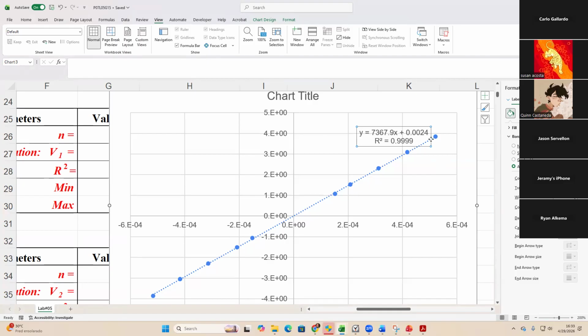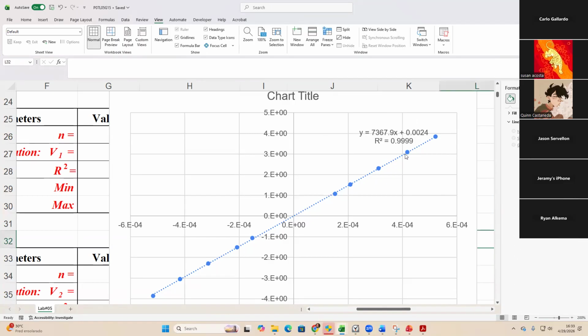To your problem, right? So that applies not just to Carlo, but to everybody else. If you're getting an R squared equal to 1, we can fix it rather easily.